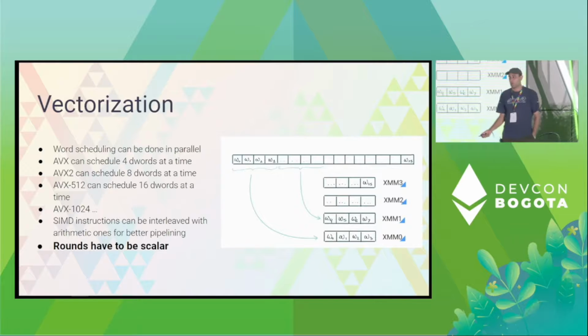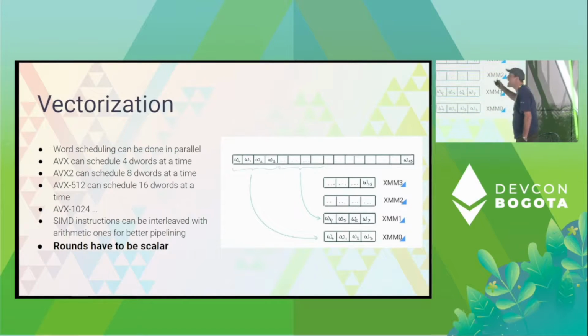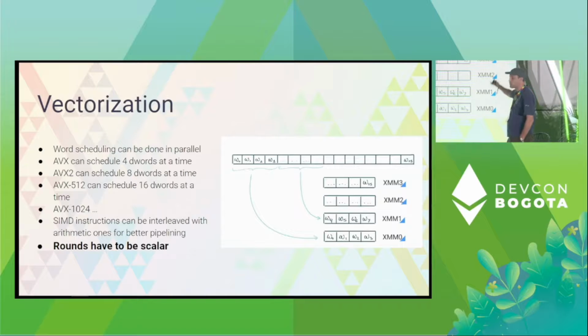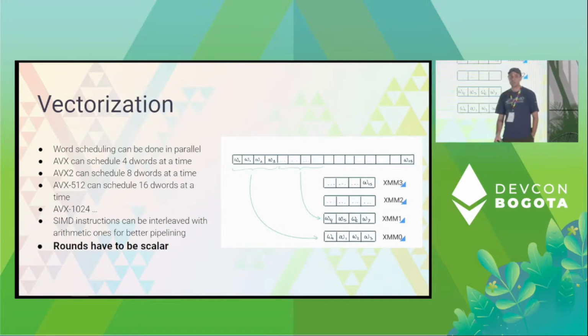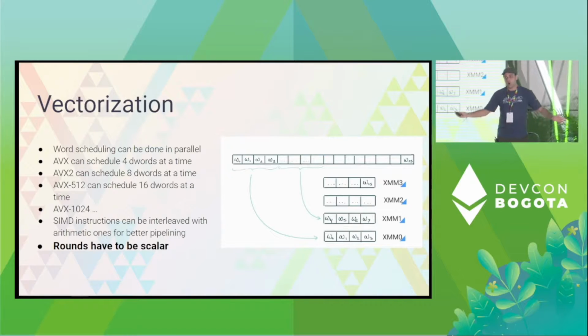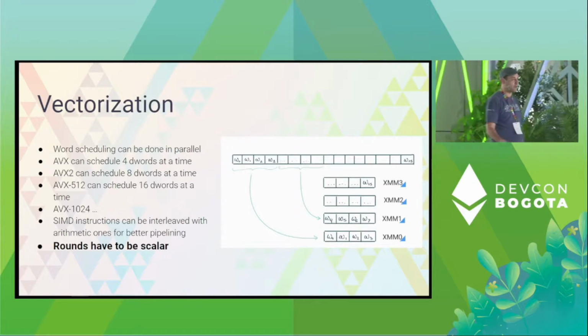If your computer supports AVX2, it can do arithmetic in 256-bit registers, then you're going to use only 2 registers, and you're going to compute 8 words at a time. If your computer supports AVX-512, you're going to compute all 16 of them at a time. And well, AVX-1024 does not exist yet, but it's already in the books.